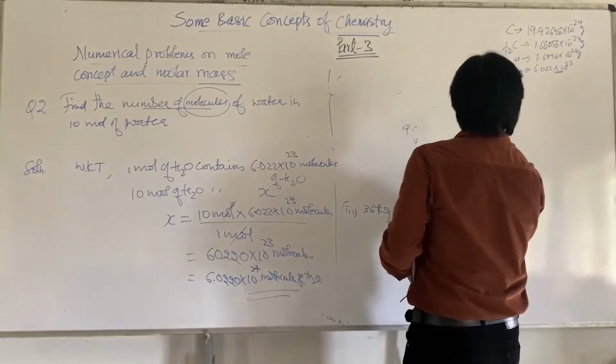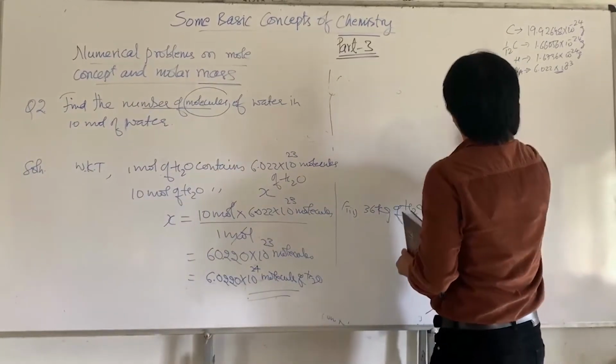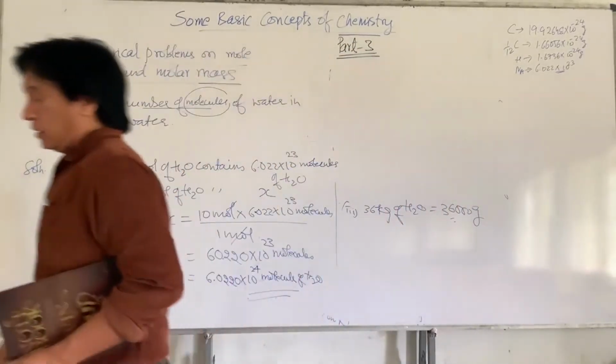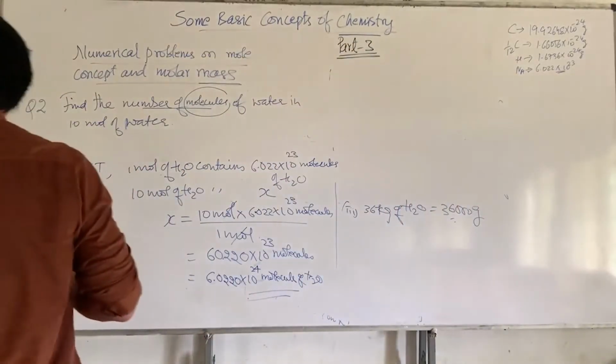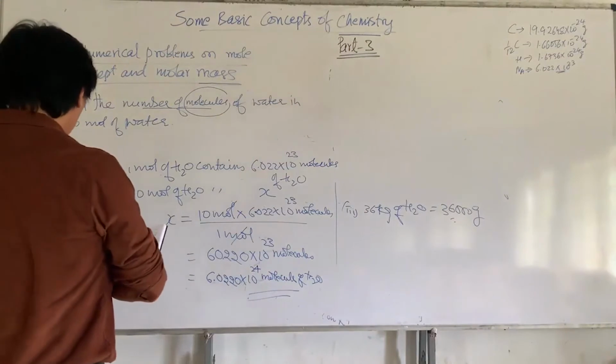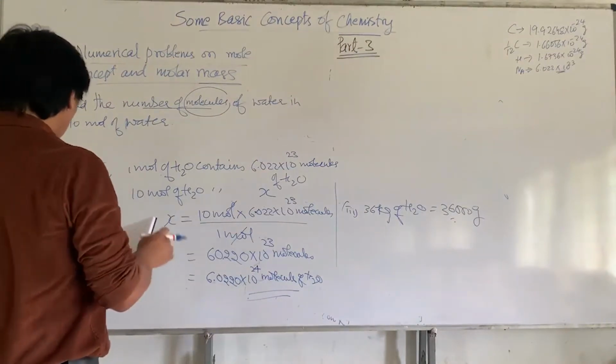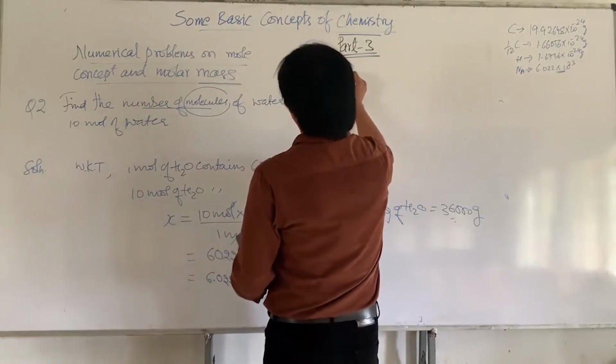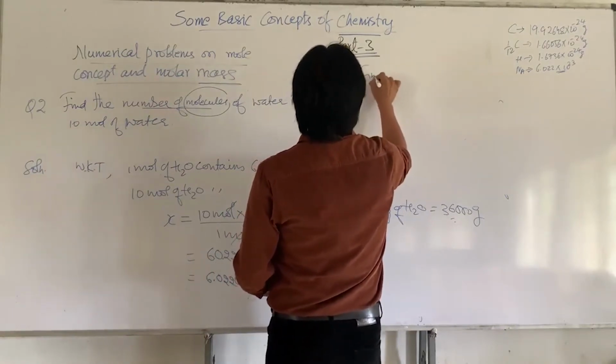And now next, we're going to take up another example, right? And that is, find the number of molecules of hydrogen in 200 grams. Let's see now if you can try out. Let's call this question number 3.